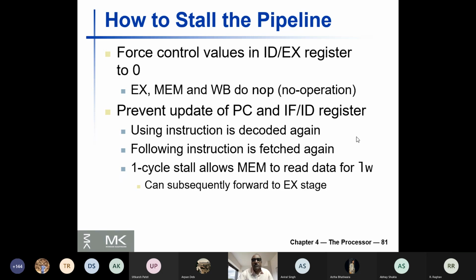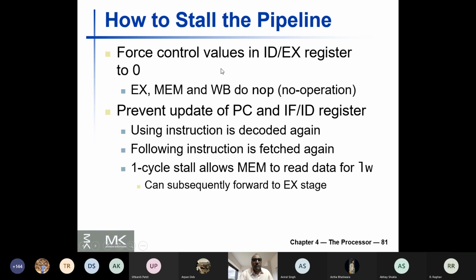So the execution stage has to be stalled and perform no operation. Then in the following cycle, the memory stage does nothing, and in the next cycle the write back does nothing.